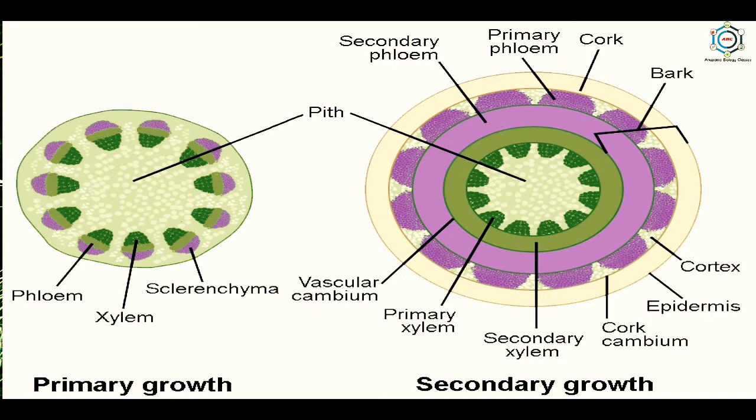The secondary vascular cambium and cork cambium add new cells to cause an increase in girth. It is called secondary growth, which occurs mainly in gymnosperms and dicotyledons. So here you can see the primary growth and the secondary growth, where the secondary vascular cambium and cork cambium form.